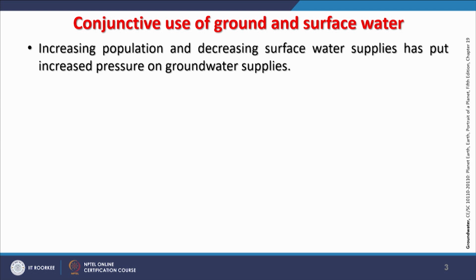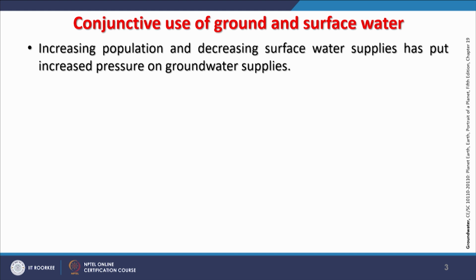Now, in previous discussions when we were discussing pollution, we saw that one of the reasons our groundwater regime is getting polluted is the pressure of utilization and population growth.